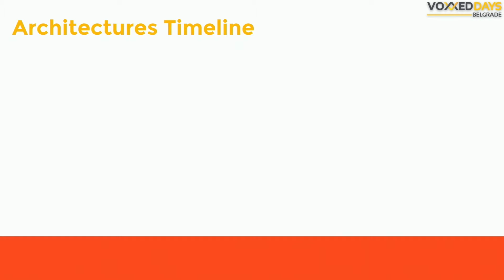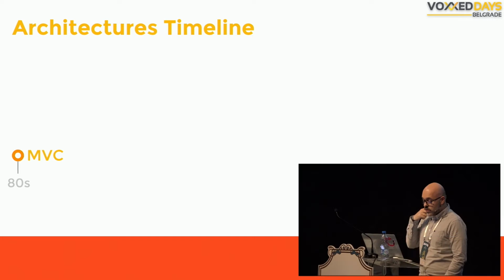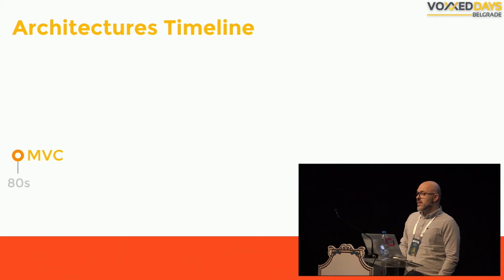So let's talk about architectures. I think that talking about the first architecture, which everyone here is familiar with, is interesting because in the 80s we started to work with MVC, model view controller. As you know, MVC is well-known and well-used by everyone. I think currently a lot of applications are still made with MVC.